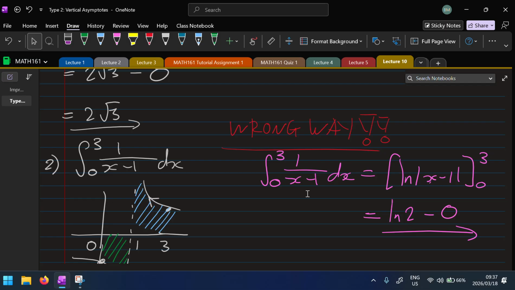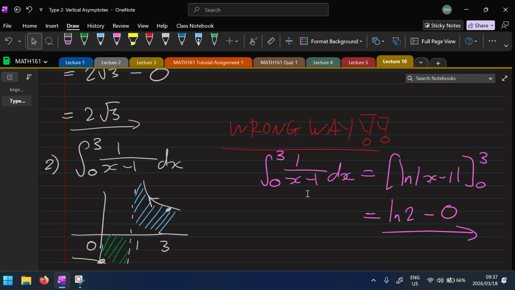I'm not going to tell you, and I'm not going to trick you. I'm telling you some of them will be improper. You need to be able to spot it and look for those asymptotes.